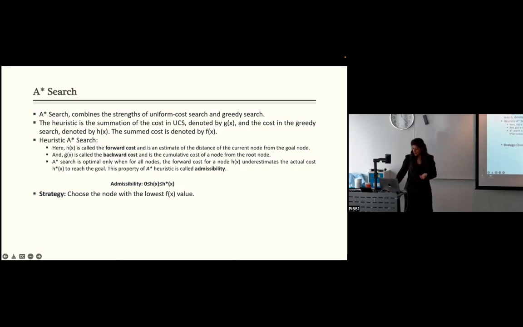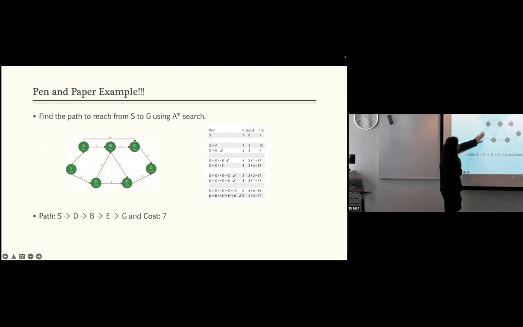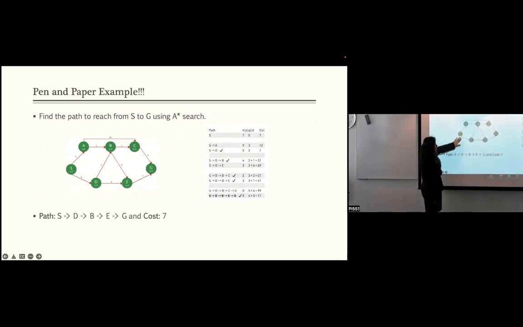Okay, so this is the strategy for A star, and this is the graph for implementing the A star search. In this, we have to move from S to G. Here you can see we have the cost of edges as well as the heuristic cost for each node.